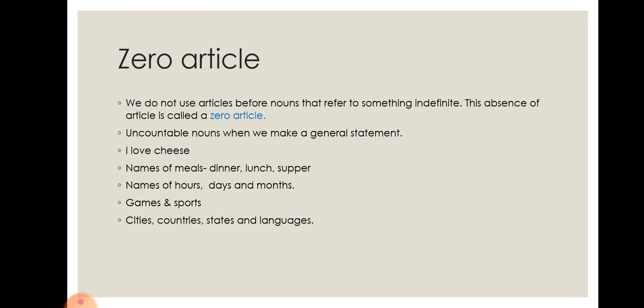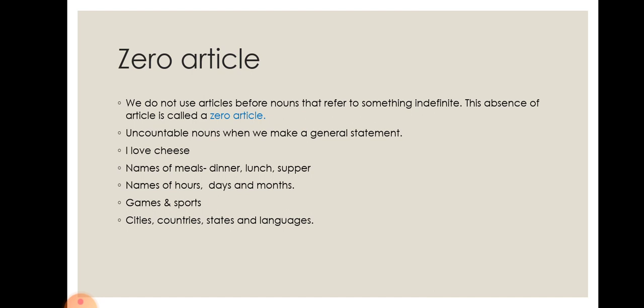Then another case where we apply zero article is names of meals, like dinner, lunch, supper, etc. We need not use any article before them, because whenever we say I had my dinner, or we have dinner at 8 o'clock, it is clear that it is the nighttime meal that we are taking. And it doesn't need any special reference.